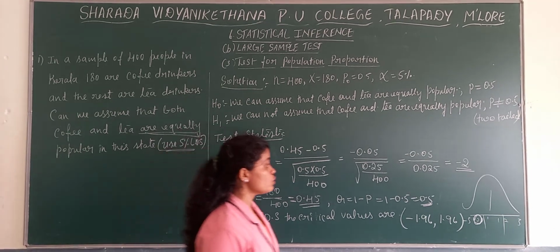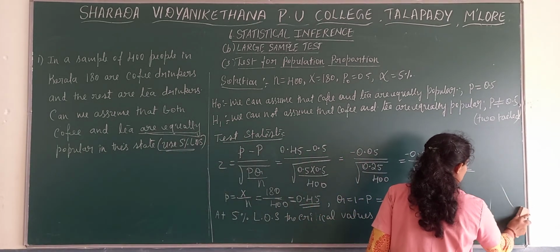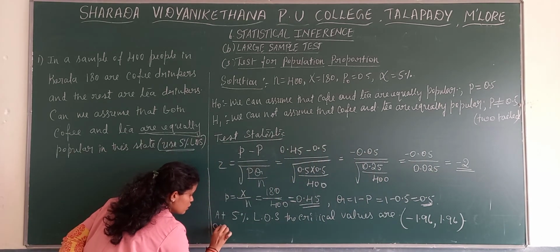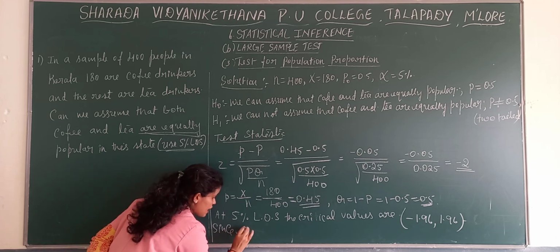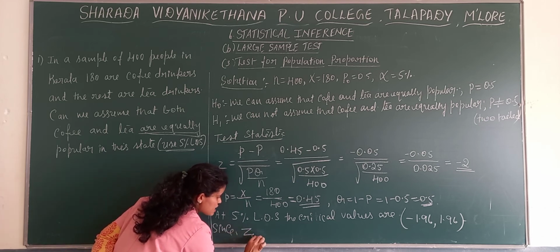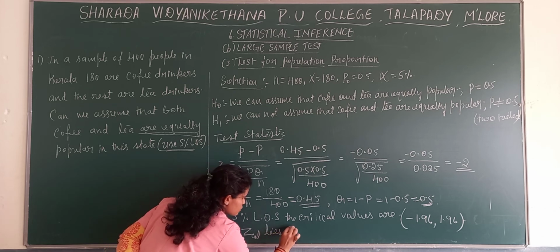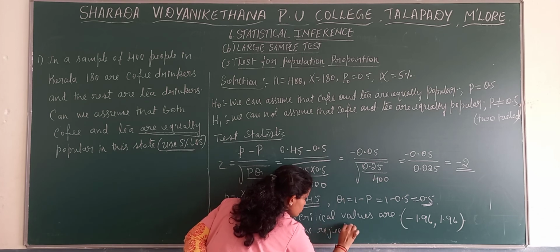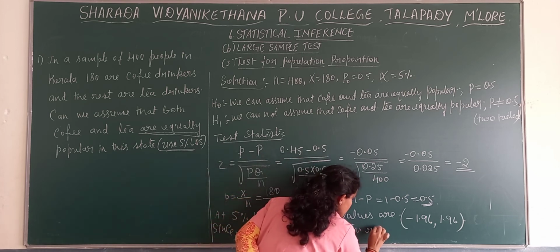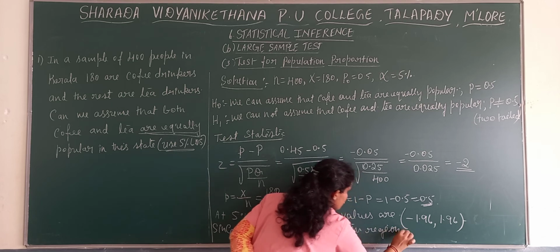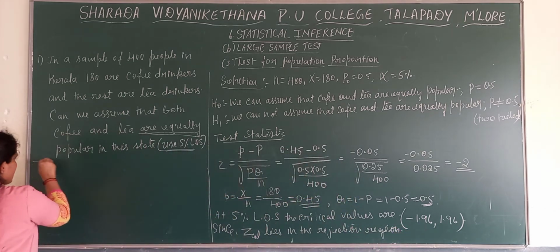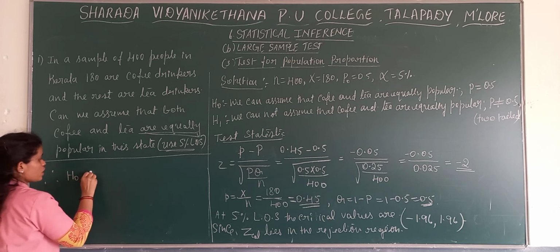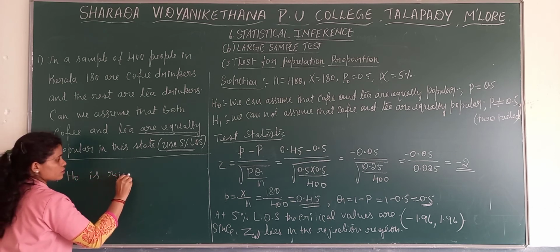So we need to conclude: since calculated value of normal test lies in the rejection region, therefore H0 is rejected.